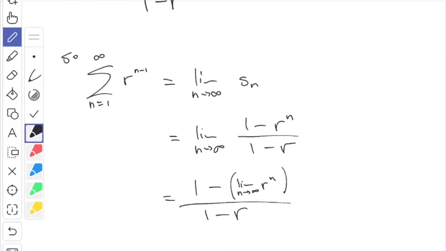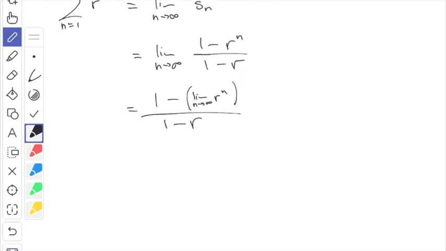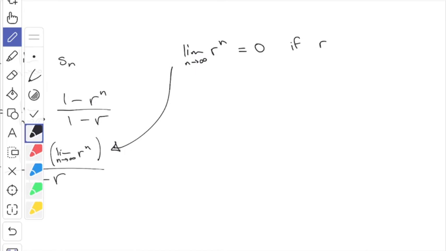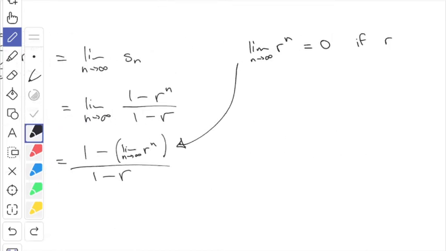And that part, I don't know if you remember, but this is something that we talked about at length in the previous section about what I call a geometric sequence. And we talked about the limit of such a thing. I will refresh your memory. The limit as n goes to infinity of r to the power n equals 0 if r is in this interval.